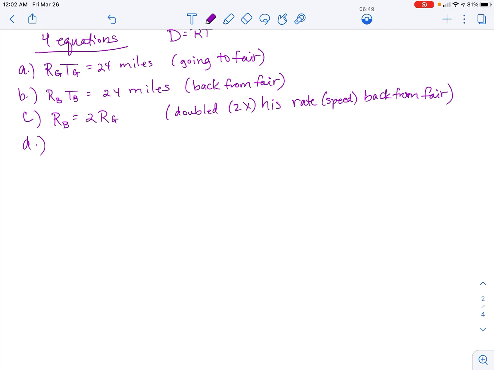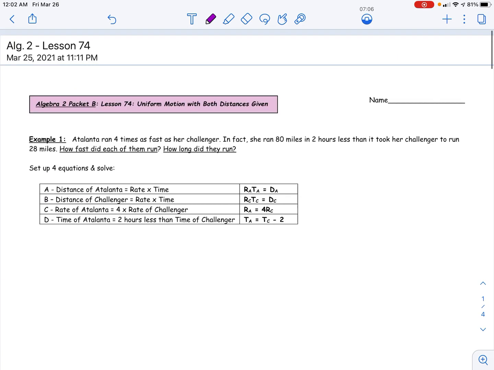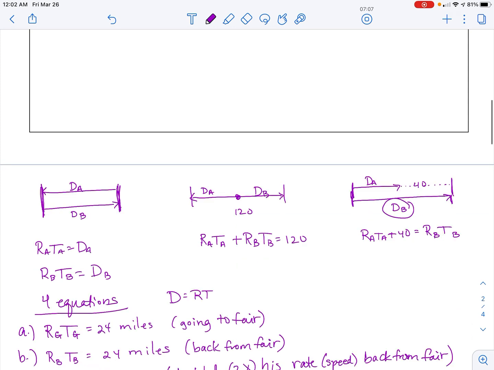And then a fourth one here, we have to address the time. It says his total traveling time was 9 hours. So let's think about that. Total time means the time that he spent going to the fair and the time he spent going back from the fair totaled 9 hours. So total means let's add that.